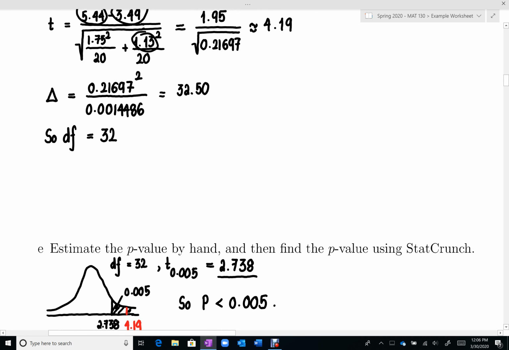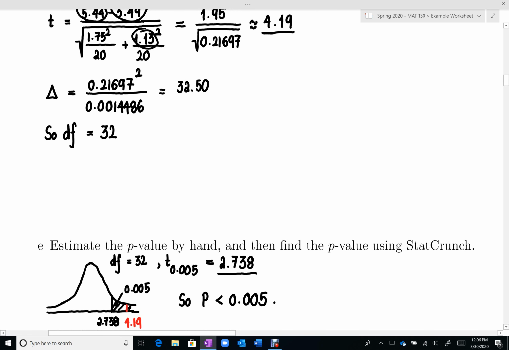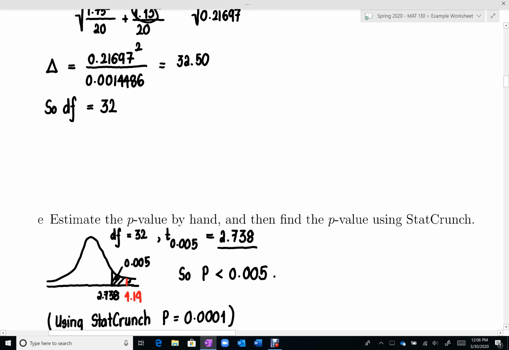So if we're looking at our test statistic, which is 4.19, we realize that the area to the right of 4.19 has to be less than 0.005, because 4.19 is larger than 2.738. Again, this is a rough approximation using the limited t-table that we have. However, what we can say is in this case, the p-value is going to be less than 0.005.